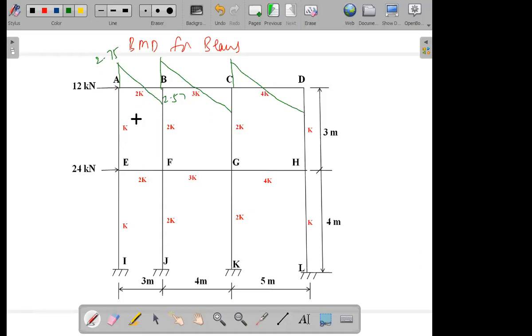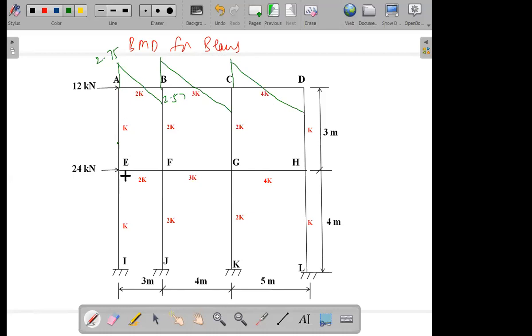In the first two methods, we assumed that the point of contraflexure occurs at the center, and that's why we always saw it there, because that was our assumption. In this method, it is not necessary to show the point of contraflexure at the center while drawing the bending moment diagram for beams and columns. Is it clear?